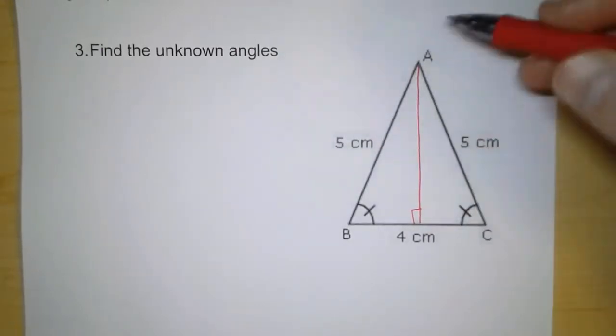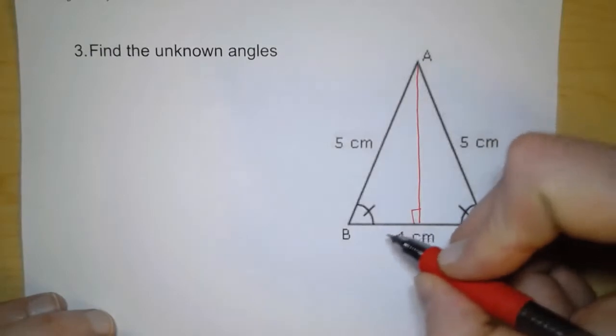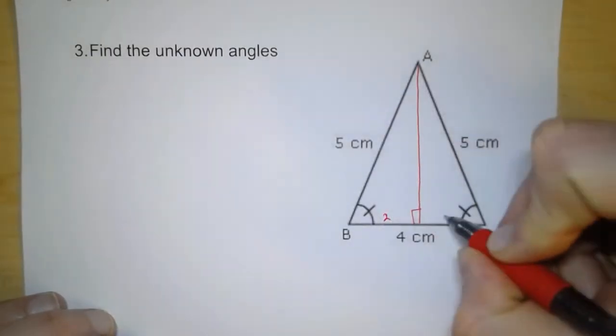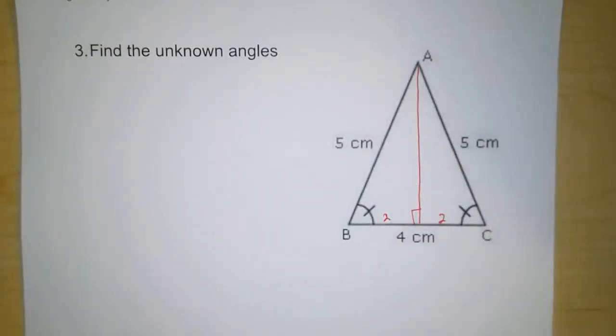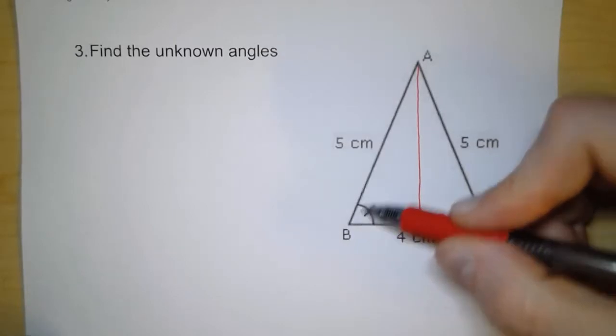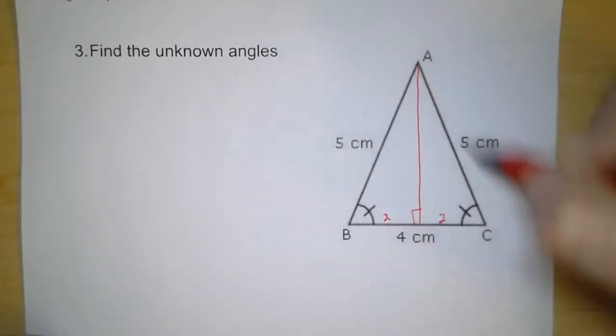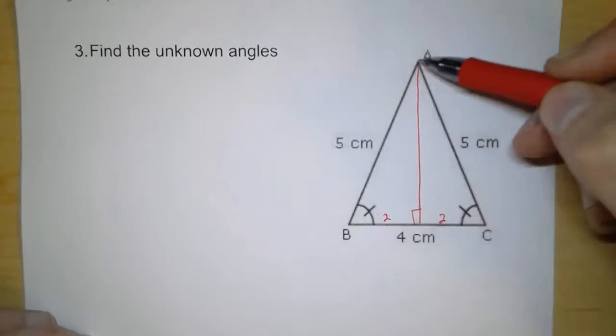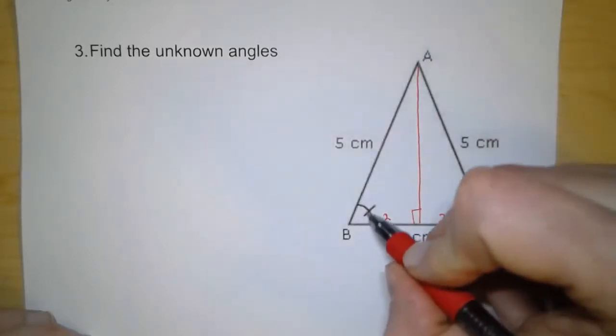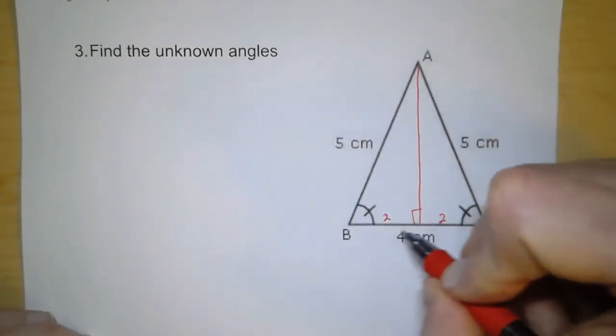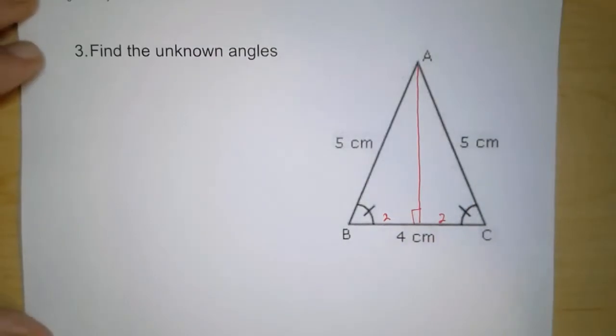Now, because it's an isosceles triangle, it's going to break up this side into lengths of 2 and 2. And so we've got two identical right triangles, and they have hypotenuses of 5. And with these unknown angles, they have adjacent sides of 2.